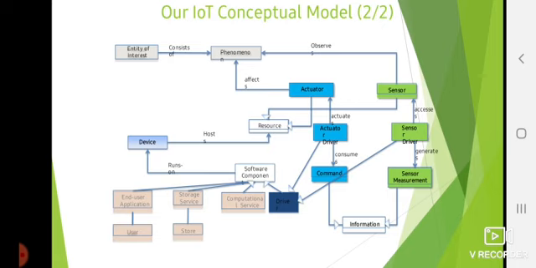The software components run on the device, then the host sends the resource to the sensors, and the sensors observe the phenomenon, and the entity of interest consists of the phenomenon. The actuator must affect the phenomenon. This is the basic conceptual model of the IoT.